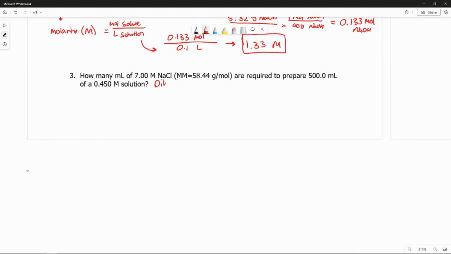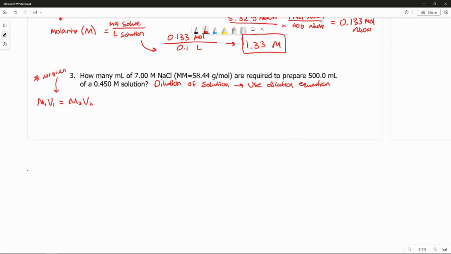That means we are diluting the solution, which means we are going to use the dilution equation. This equation is not given, so you have to memorize it, but it's very simple. M1V1 equals M2V2. Not given.